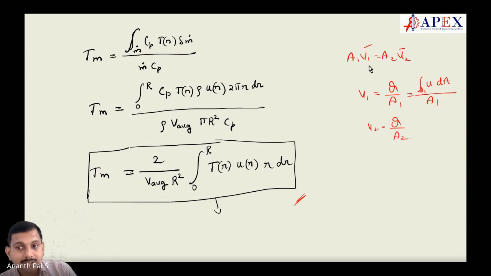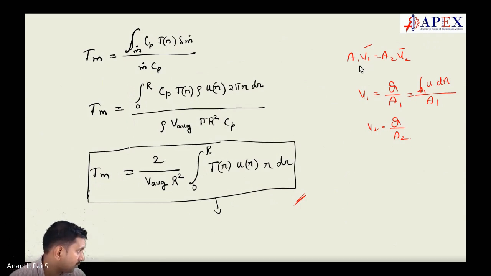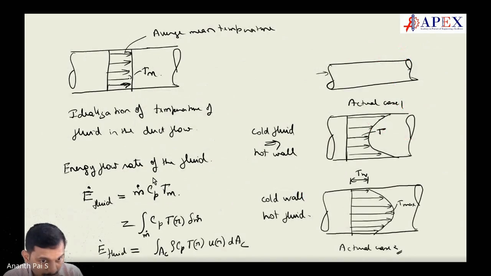See here is mean average. What is this V1? V1 is average velocity. If the whole cross section would have the same velocity, area into velocity will give that Q. T mean implies that if the whole thing would have been at T mean, then it would have the same energy flow rate.